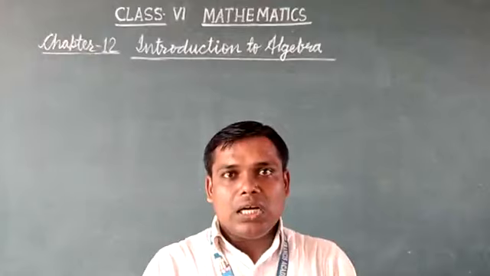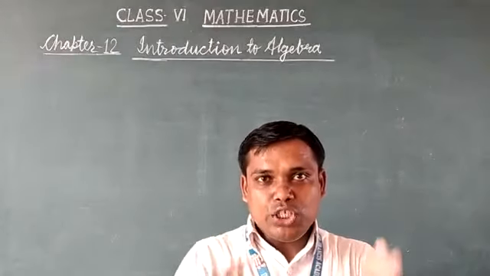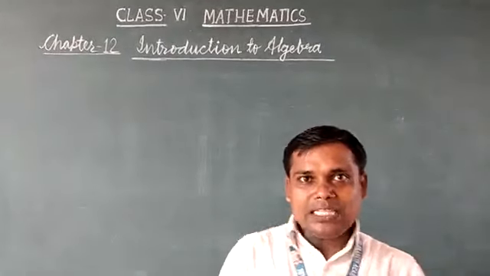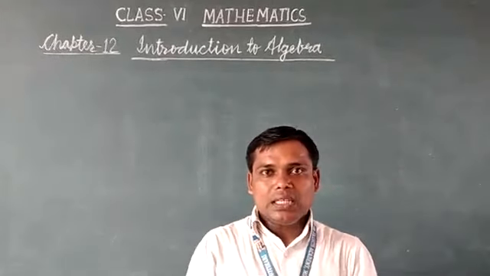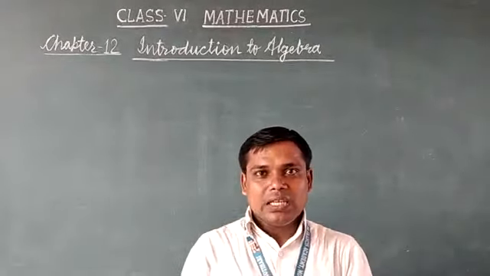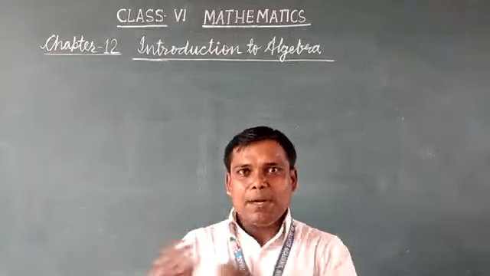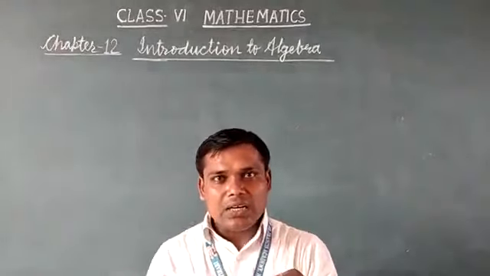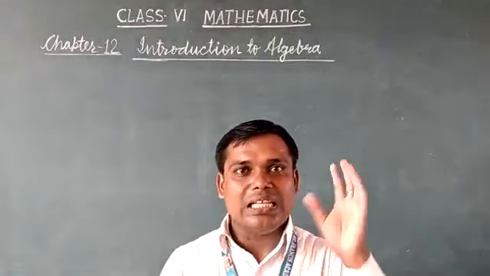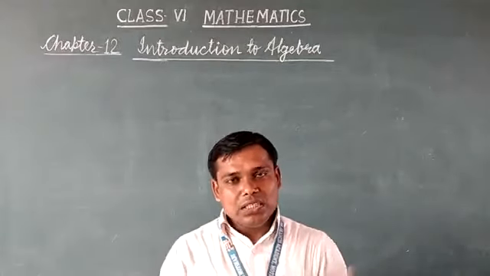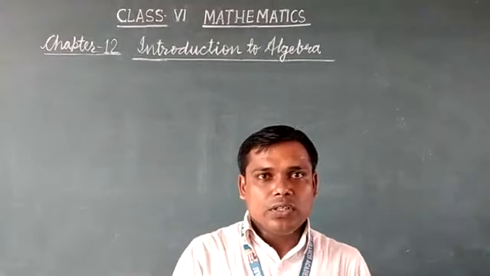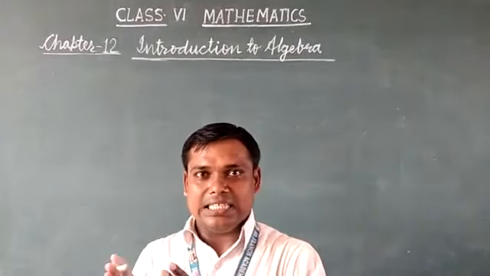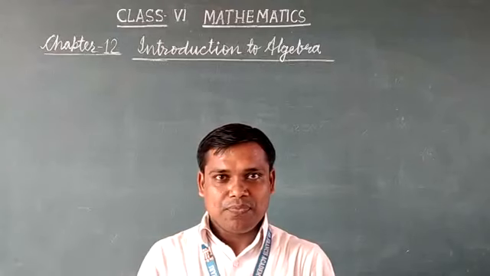So all the alphabets which we use to express money, weight, rupees, age or other different quantities are called literals. These literals are also called variables because the value of the literals changes. Okay?